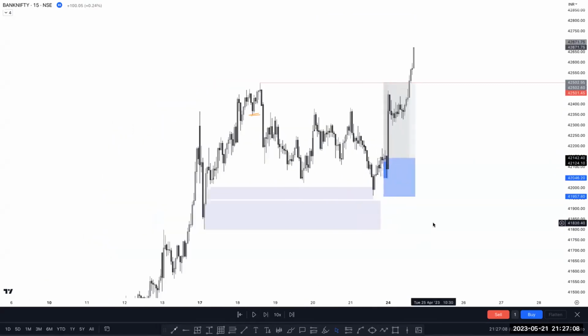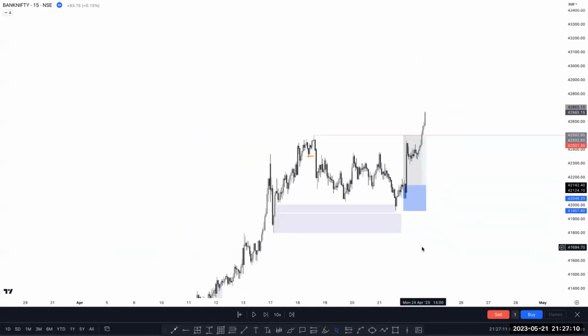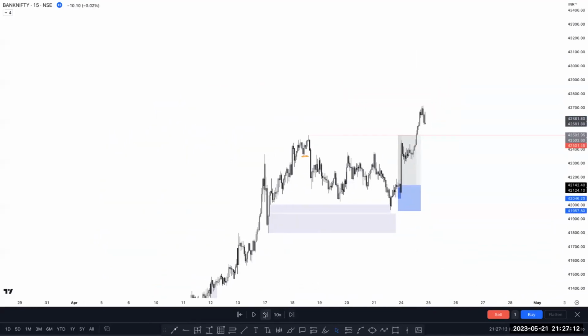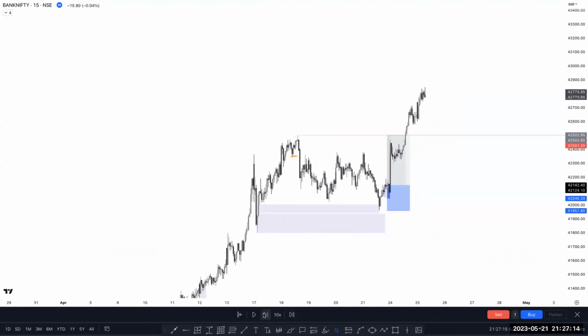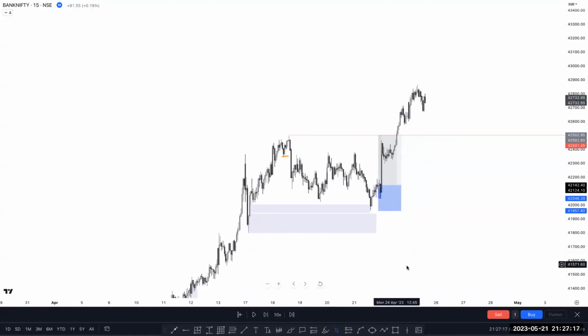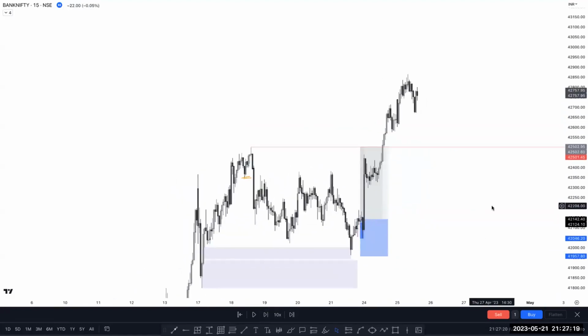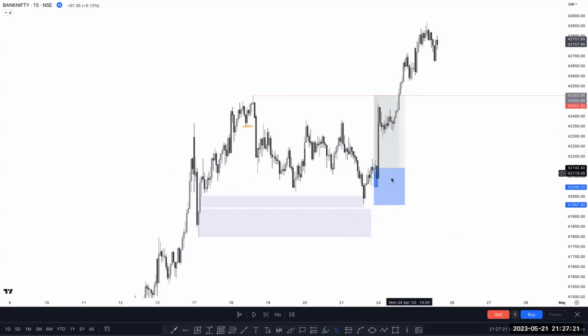All right, going good. Again, you have to follow the same thing, like taking out the inducement and then buy. So this is our first entry based on the 1 minute time frame.